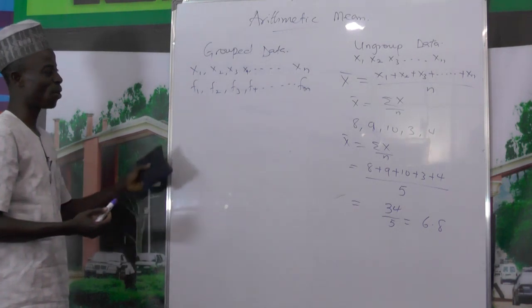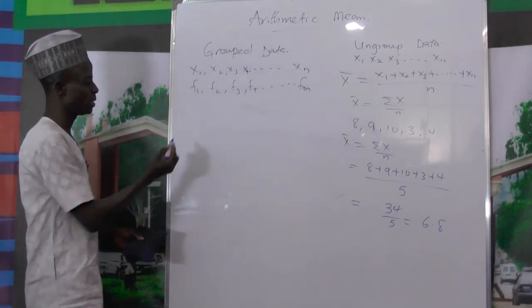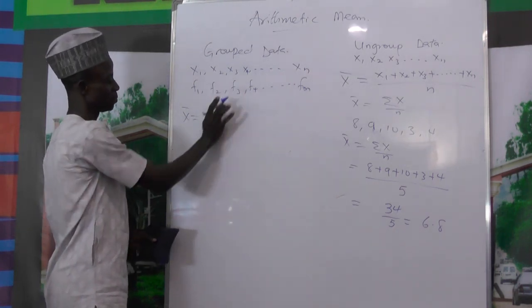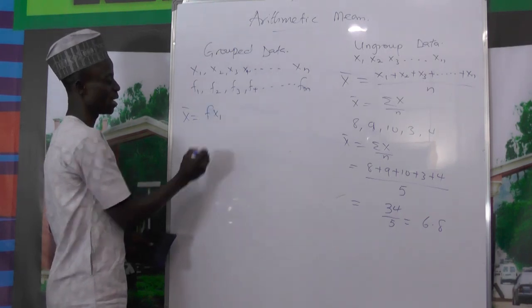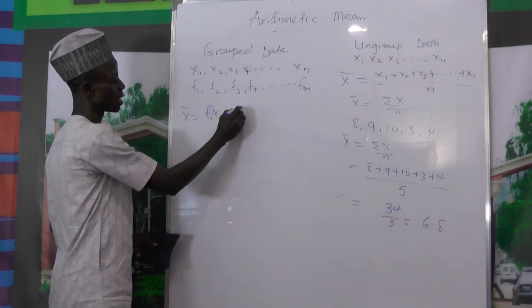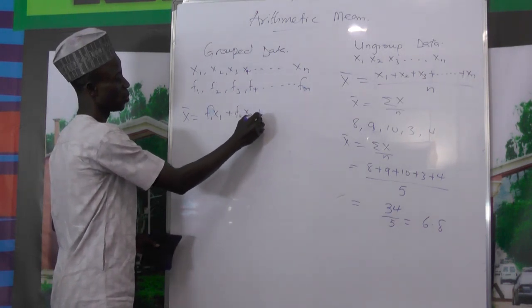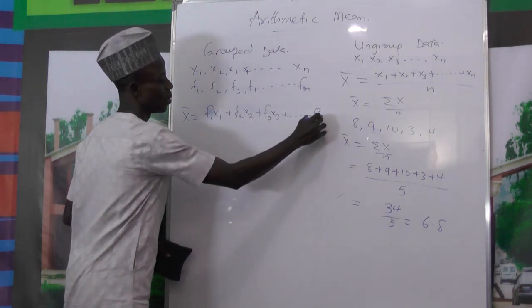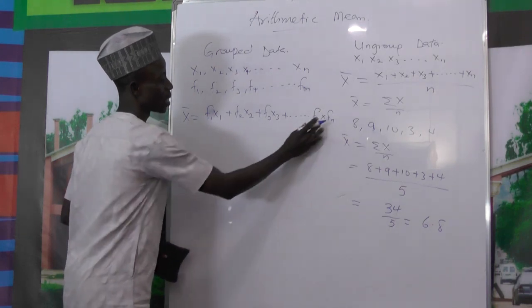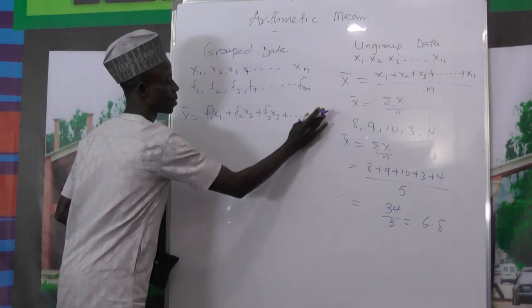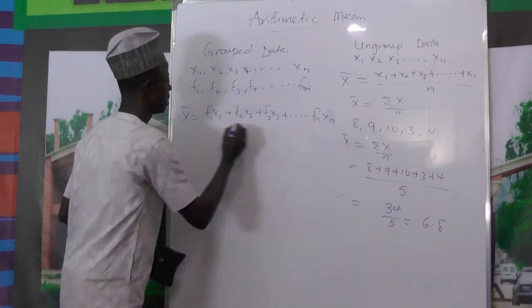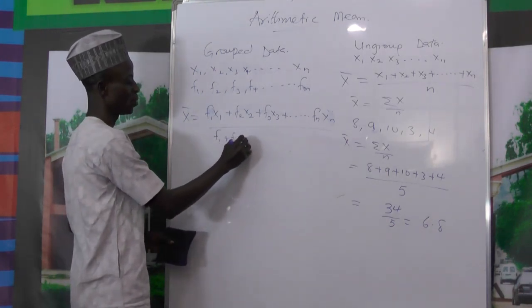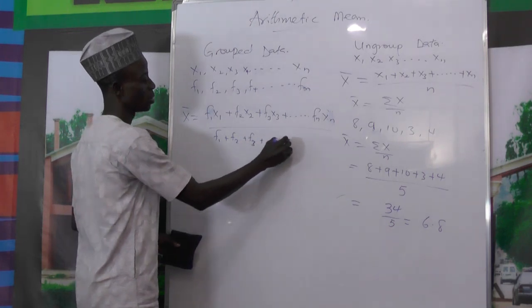The formula for the mean for this grouped data is that your x bar will be f1 multiplied by x1 plus f2 multiplied by x2 plus f3 multiplied by x3 plus up to fn multiplied by xn, divided by the sum of your frequencies, which is f1 plus f2 plus f3 plus up to fn.